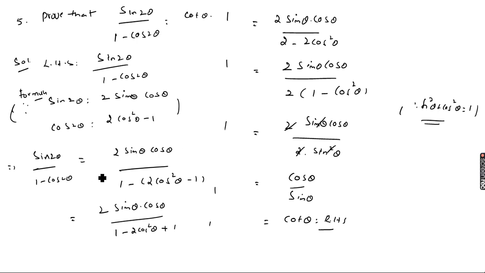Just we substitute the formulas in this equation and simplify. So finally we get 2 sin theta cos theta by 2 into 1 minus cos square theta. The basic formula is needed, that 1 minus cos square theta can be written as sin square theta. So one sin will be cancelled and 2 is cancelled. We get cos theta by sin theta. The cos theta by sin theta is nothing but cot theta, which is RHS.